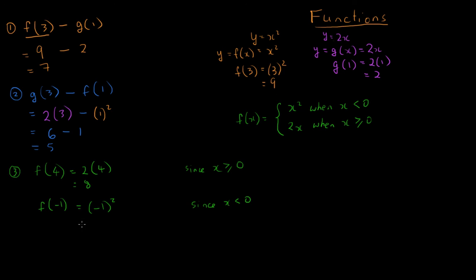So then minus 1 squared will give me 1. Okay, so the idea here is that we apply the rules differently depending upon what value of x it is. If the x is less than 0 in this particular function, we apply the x squared rule. If the x is bigger than or equal to 0, we apply the 2 times x rule.